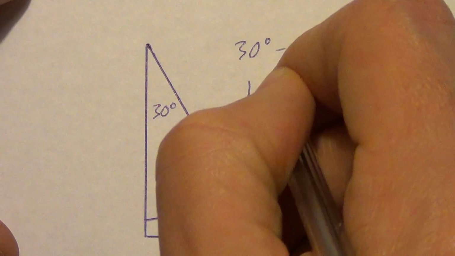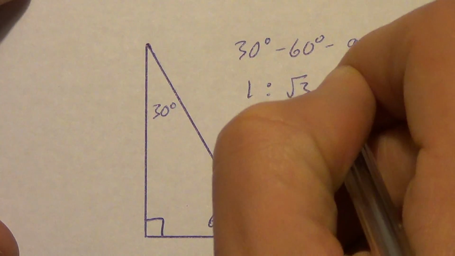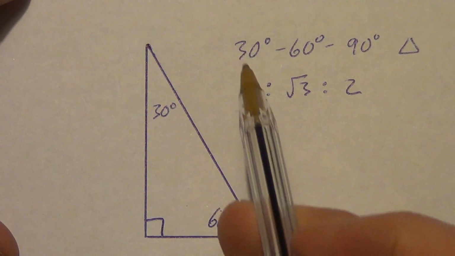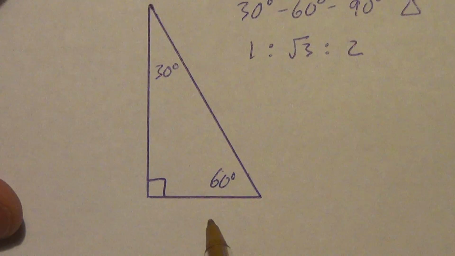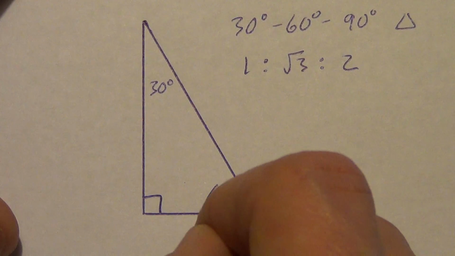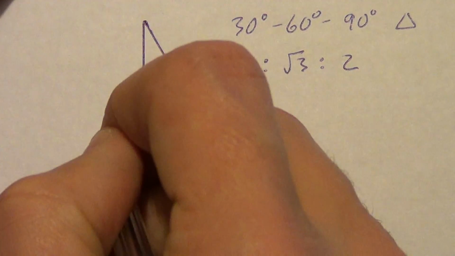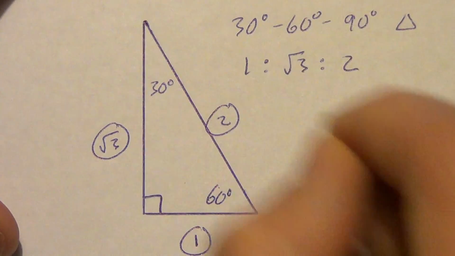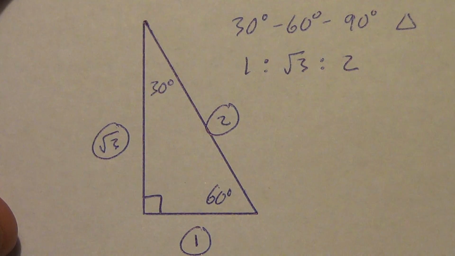And the sides were 1, root 3, and 2, and we always say them in that order. 1 goes across from the 30, so we're going to put the 1 down here. Root 3 goes across from 60, so it's going to go over there. And 2 goes on the hypotenuse across from the 90. All right, if you don't remember those things, you need to go back and study lesson 7.4 part 1 a little bit more.